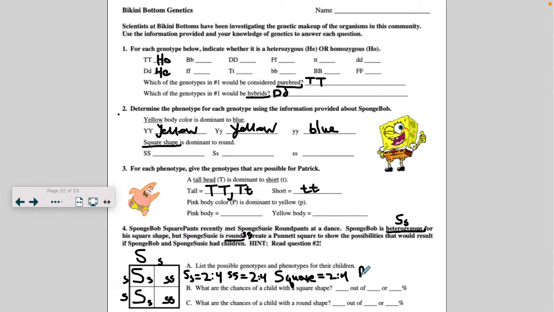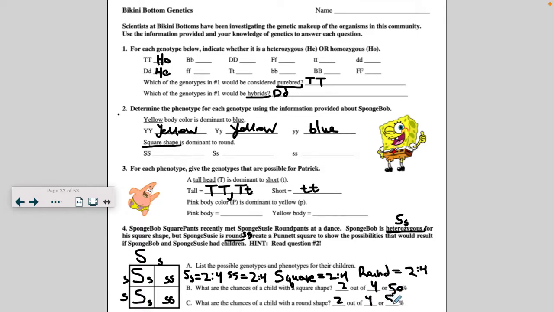And for round, little s, little s, 2 out of 4, right? What are the chances of a child with a square shape? I probably just answered it above, but it's 2 out of 4, and that percent is 50%. Remember, it's like you got two quarters, so 50 cents. What are the chances of a child with round shape? 2 out of 4.